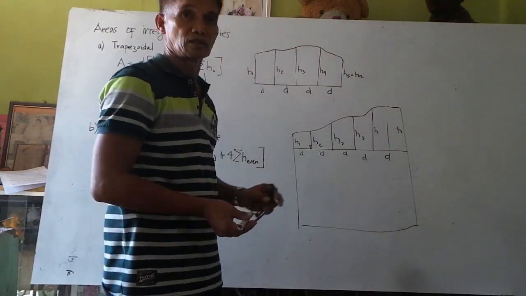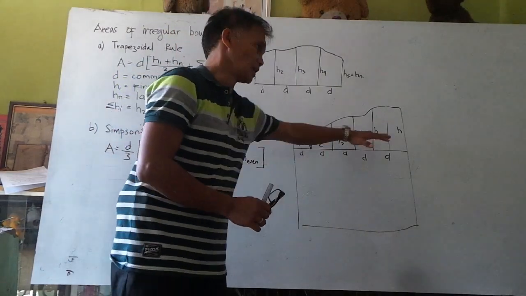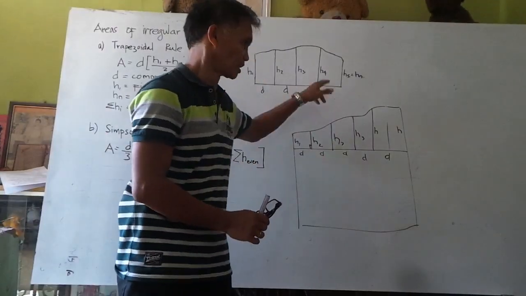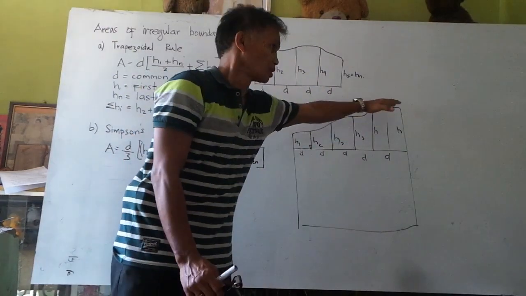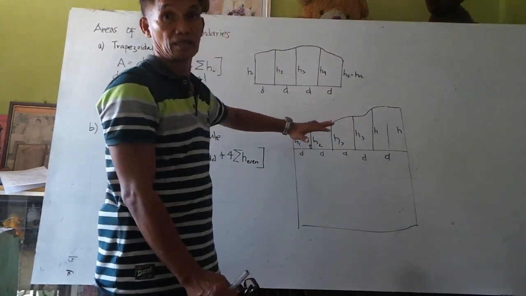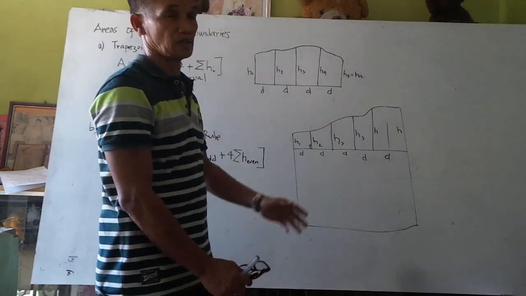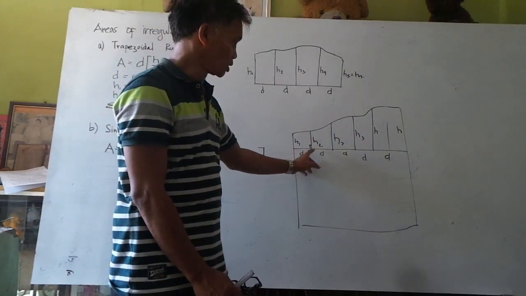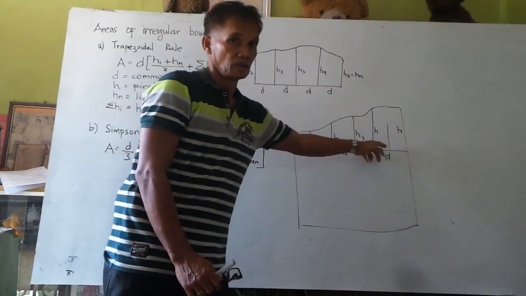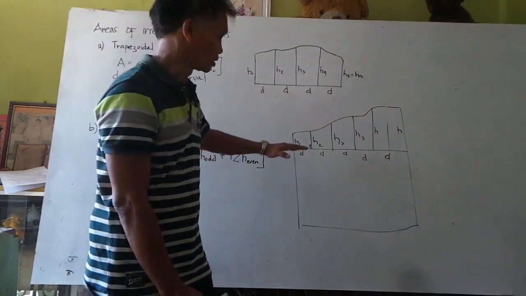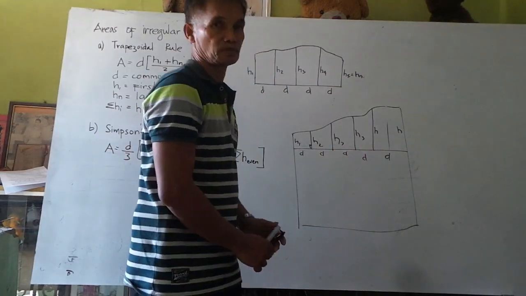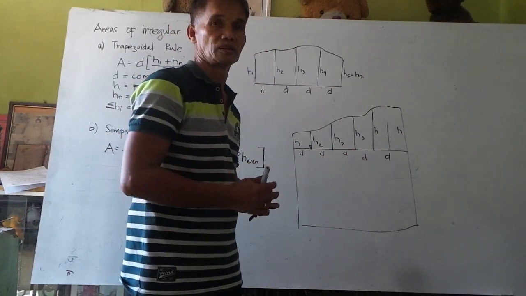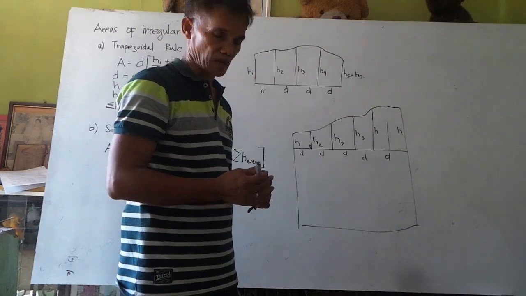You can start solving the area from there, with offsets along your irregular boundary. What I'm saying is, offsets are always 90 degrees from your reference line, and the interval is equal.